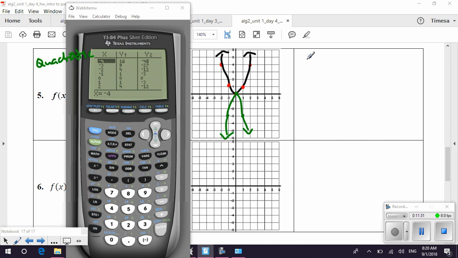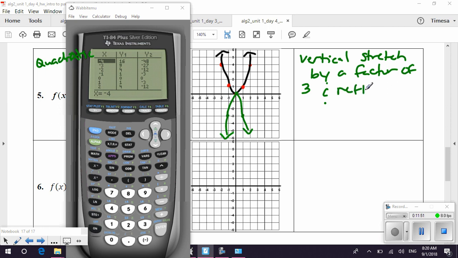So that there was a vertical stretch by a factor of 3, and a reflection about the x-axis.